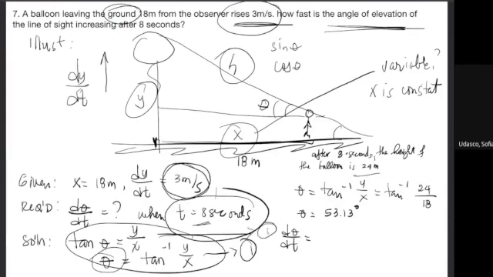You can derive here, or you can also derive the other form for d theta dt directly.